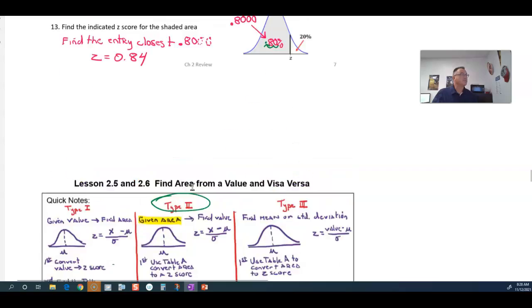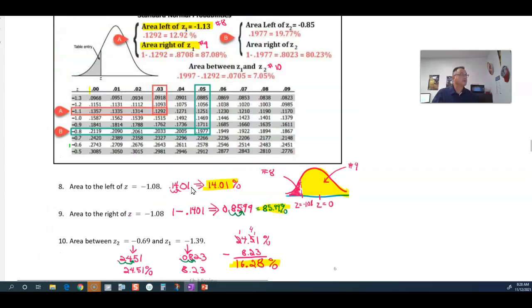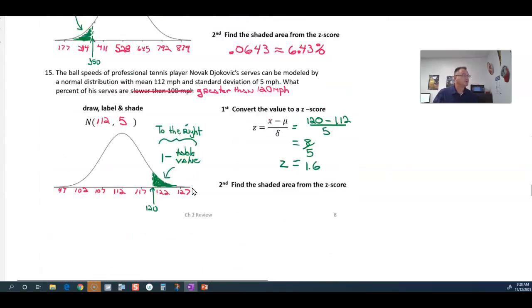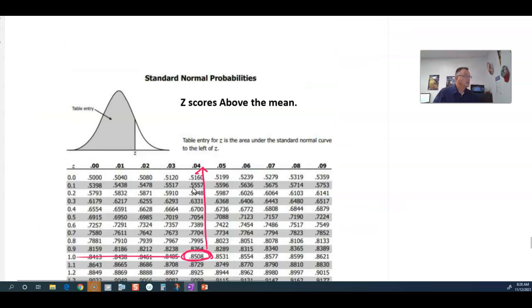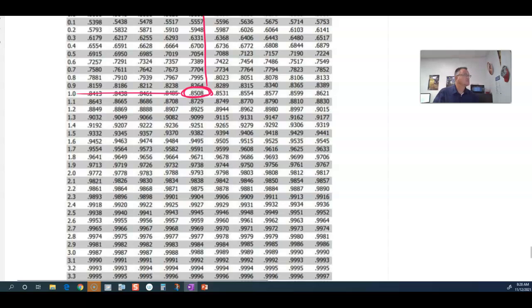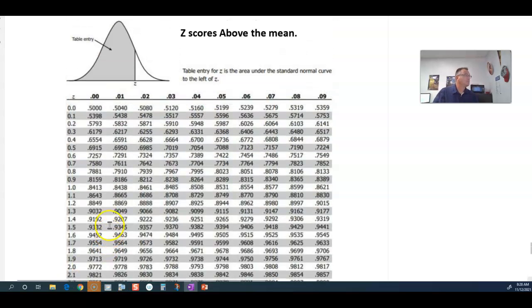Now this is a positive because it's to the right of the average. So 1.6. Okay, so that's right there. So 94.52.